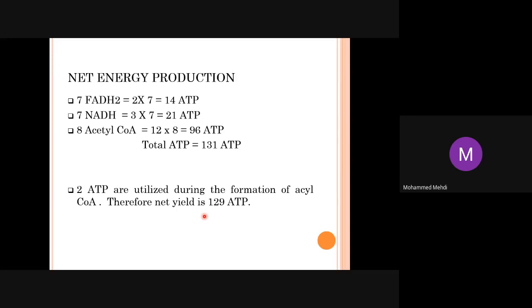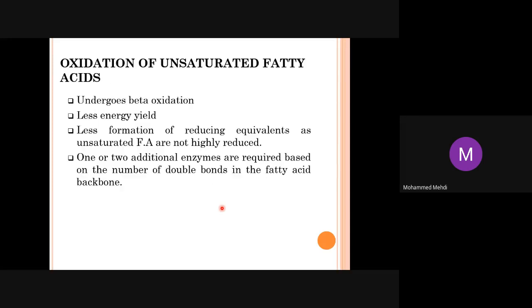Per this 16 carbon fatty acid oxidation, we have 129 ATP. This is due to the number of hydrogens and electrons in the fatty acid. Fatty acids are in a highly reduced form, or they are found in a low oxidation state. Upon their oxidation, they will generate a higher amount of energy than a glucose molecule.